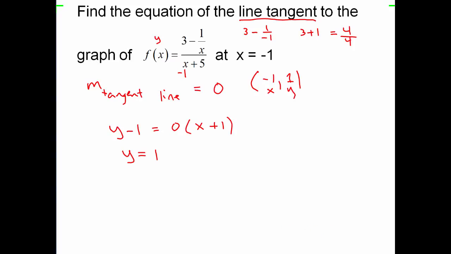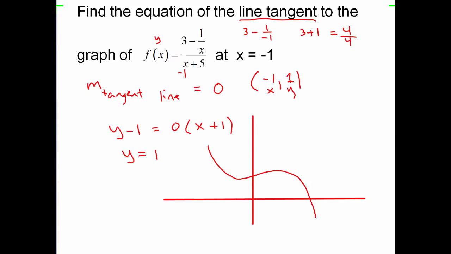So if you have a graph, let's get a visual of this so we understand what's going on. So the graph is, let's say, something like this. There is a tangent line, I'm trying to draw that a little bit better.